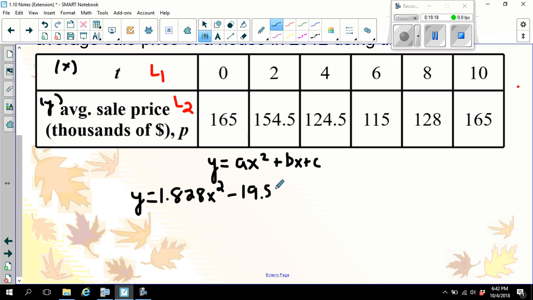So this is our B value. And remember, we got this from our graphing calculator. And then our C value, we have plus 172.732.